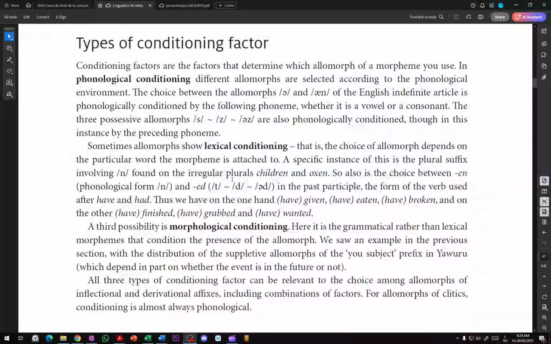All three types of conditioning factors can be relevant to the choice among allomorphs. That possibility is morphological conditioning.